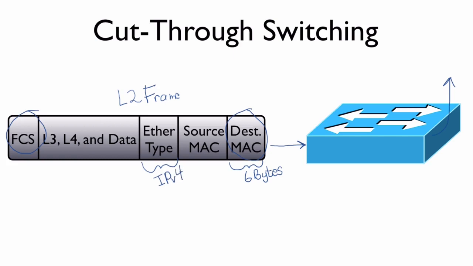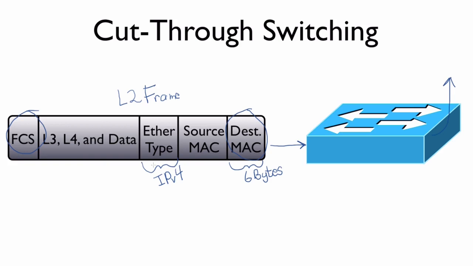For an IP version 4 frame, maybe there's an access control list that's blocking this frame. Maybe it shouldn't even be allowed to go through the switch. Maybe it has a quality of service marking up at layer 3, and maybe we should interrogate that to see if we should treat it differently. So with this more modern approach to cut-through switching that we might find in a Cisco Nexus 5000 series switch, yes, we look at the destination MAC address.